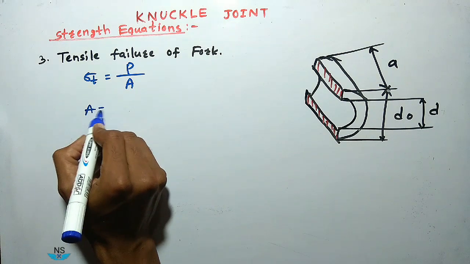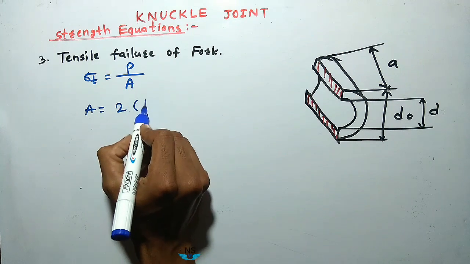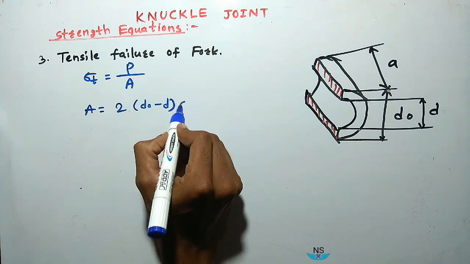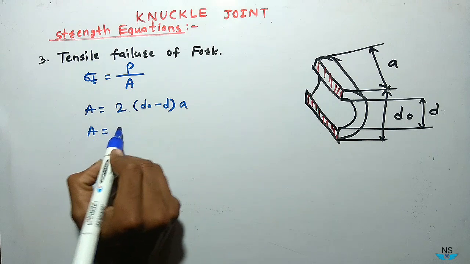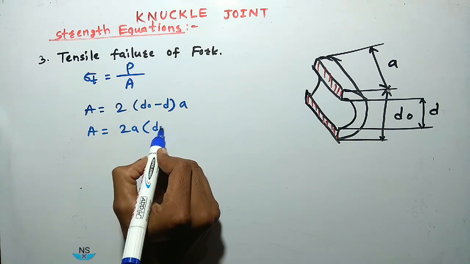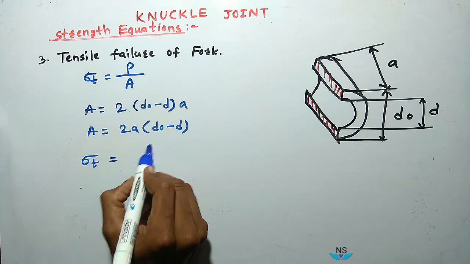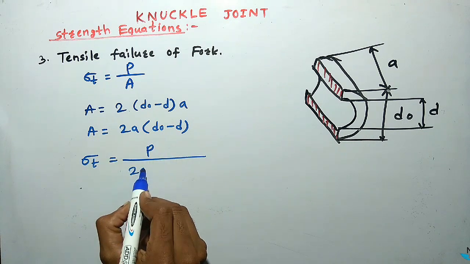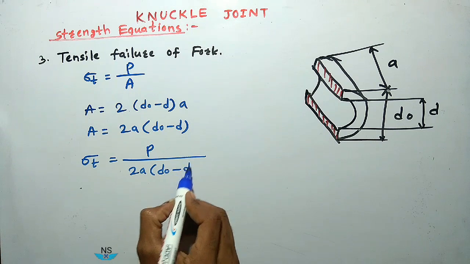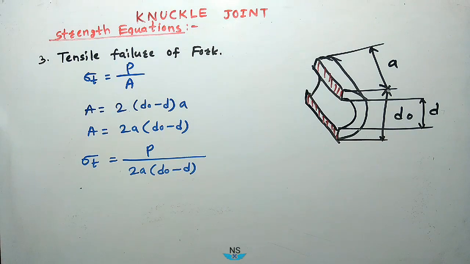So area is equal to 2A times D0 minus D. Therefore, sigma T, strength equation is P divided by 2A D0 minus D. So this is the third strength equation for tensile failure of fork.